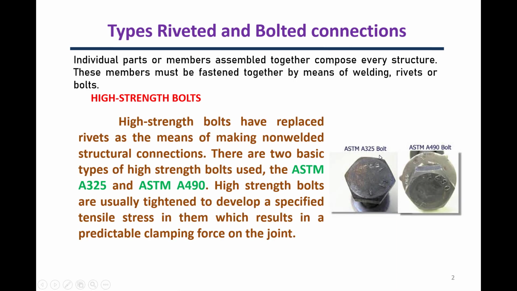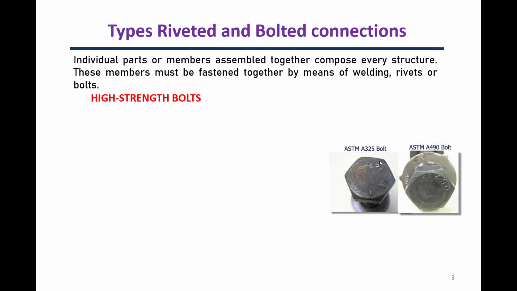High strength bolts have replaced rivets as the means of making welded structure connections. There are two basic types of high strength bolts used: the ASTM A325 bolts, and the other one is ASTM A490. High strength bolts are usually tightened to develop a specified tensile stress in them, which results in a predictable clamping force on the joint.